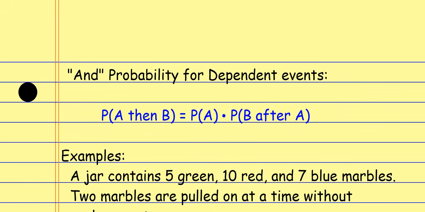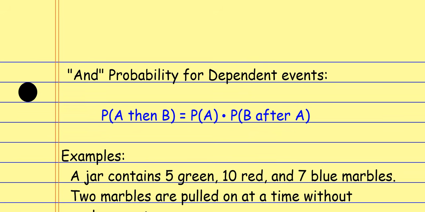So what it's saying is we take the probability of the first thing. All right. No problem. That's not any different. But then I imagine that that first thing happened. And if that first thing had already happened, now what's the probability of the second thing happening? Okay. Because they're dependent events, whatever happened first affects what's going to happen second.